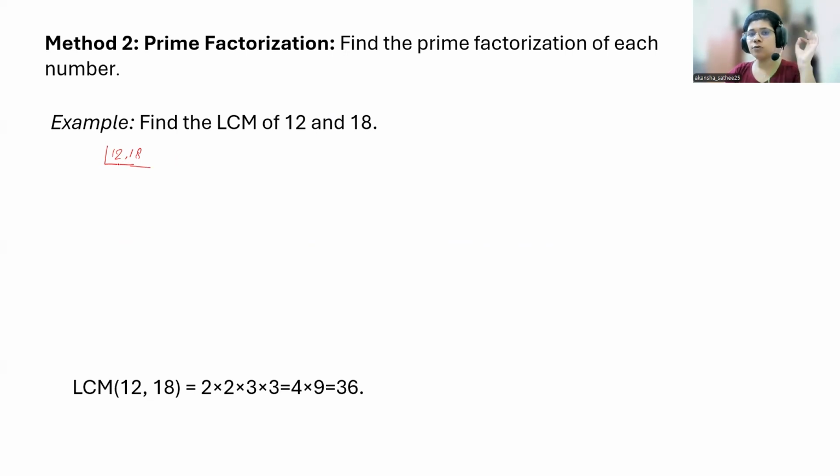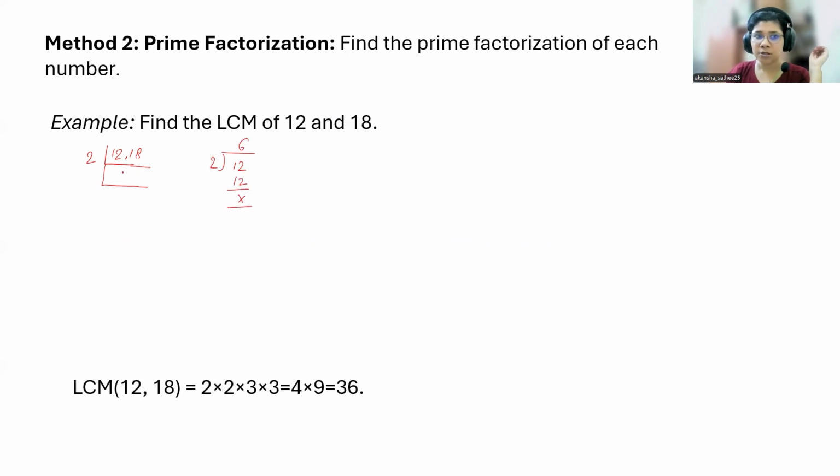Now you just have to figure out which smallest number can divide both 12 as well as 18. You know that 2 can divide both. 2 can divide 12, 2 can divide 18, right? So if you divide 12 by 2, you know that 6 times 2 is 12.